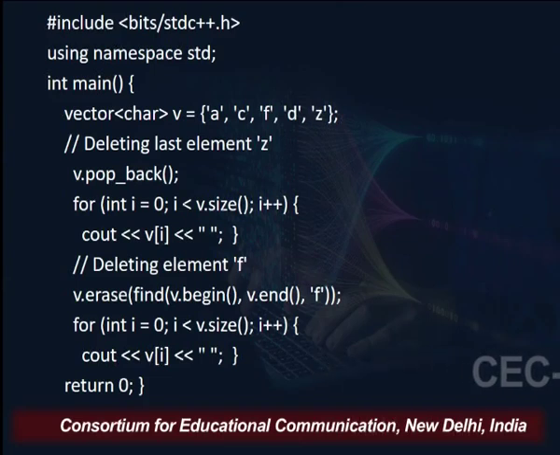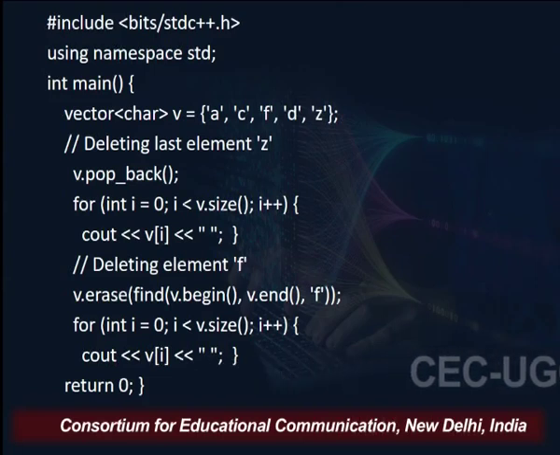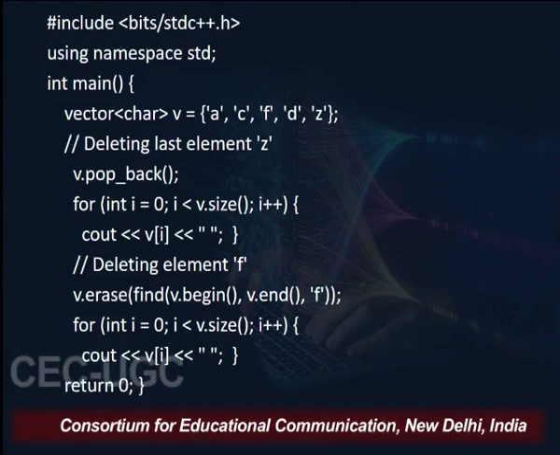So, the position is 3, starting from 0, 1, 2, so the third element which is f is going to be deleted. In this way you can use v dot pop back if you want to delete only the last element, and if we are not aware of the position of the element, we need to find that position using the find method.